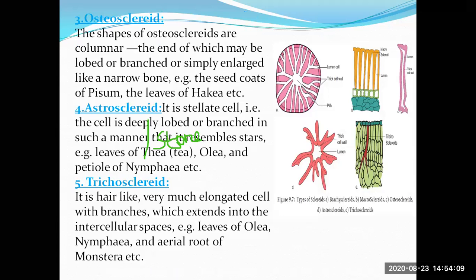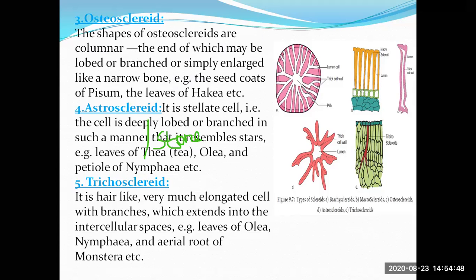And the third one is osteosclereids. Osteo means bone. The shape of the sclereids is like a bone or a barrel shape. See, this is a bone shape, or barrel shape, with dilated ends, with some different types of shapes.